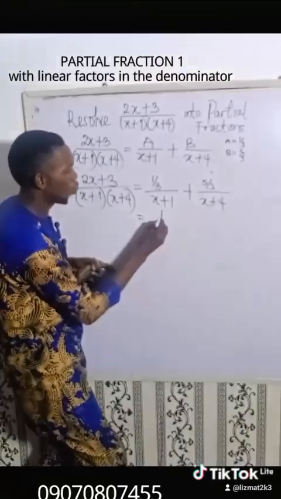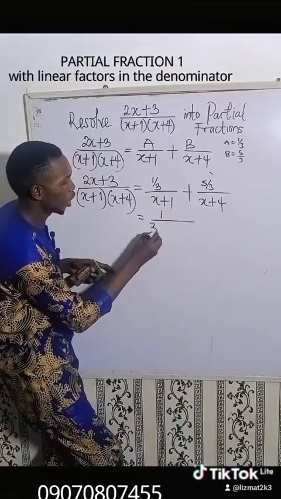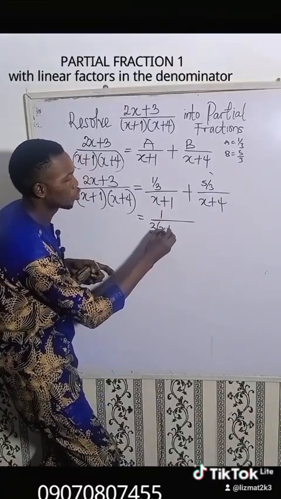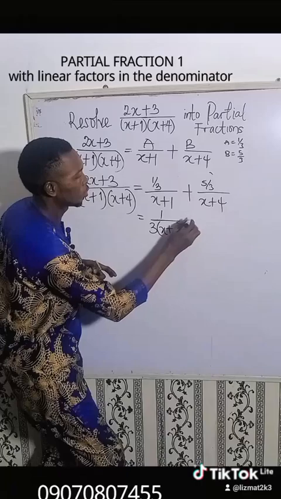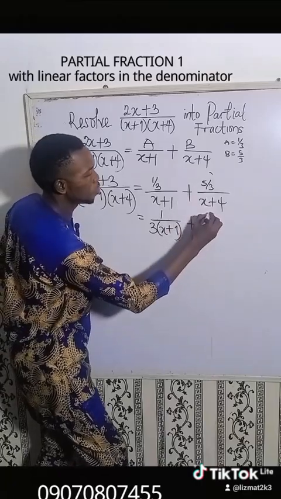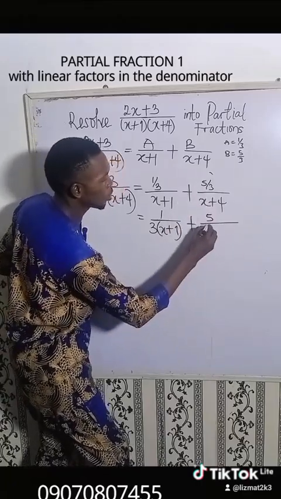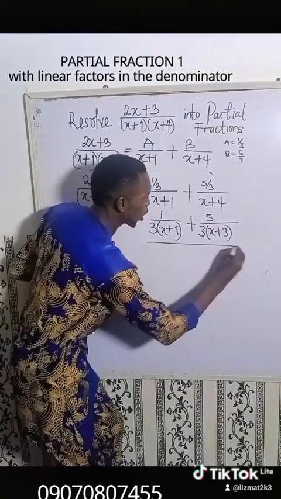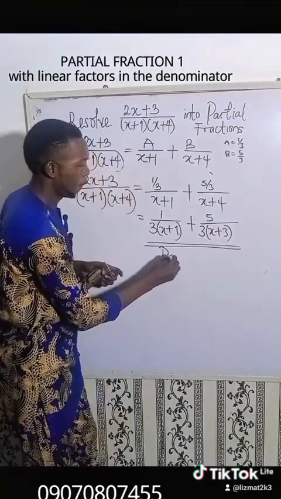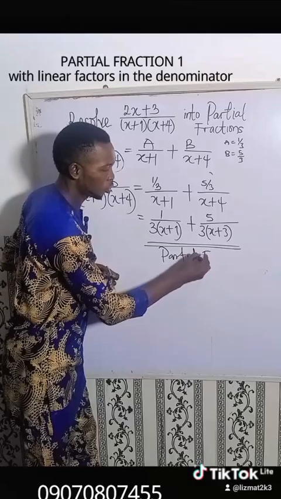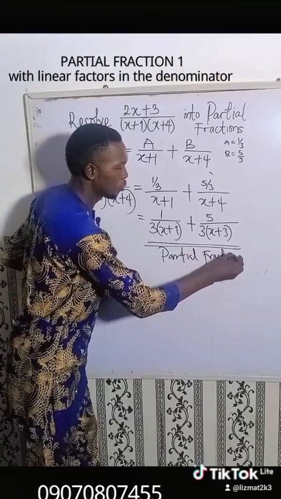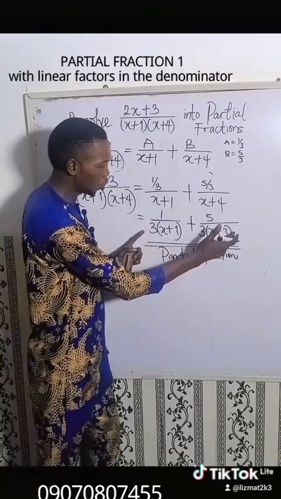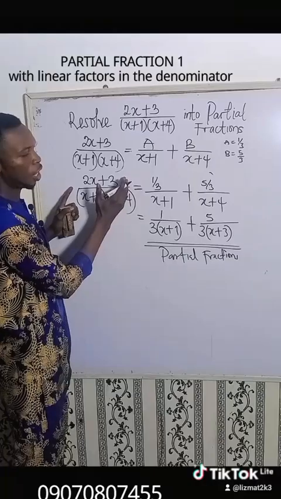I can rewrite it as 1 over 3(x + 1) plus 5 over 3(x + 4). So these two fractions here are what we call partial fractions, such that when you add them together, you still get this fraction.